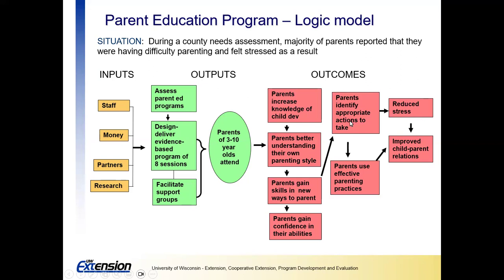One of the midterm outcomes is that parents will be able to identify appropriate action to take. And then one of the long-term outcomes is that the person's stress will be reduced and they will have improved relationship with their kids or child.